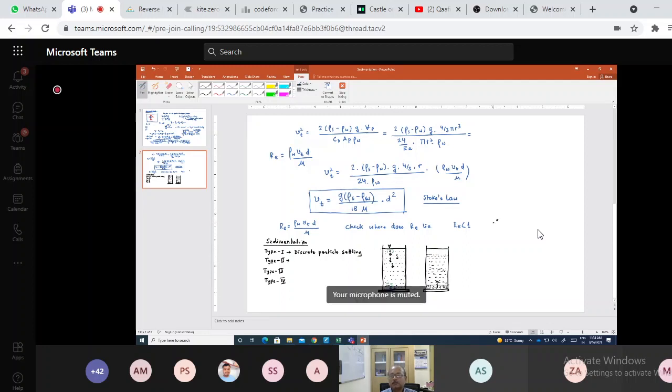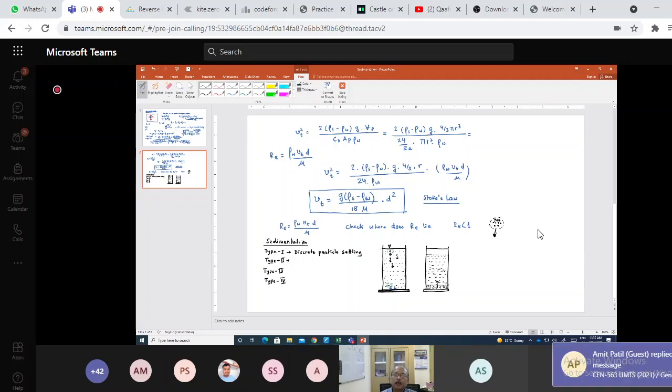The particles will come closer and agglomerate by maybe polymeric action or otherwise, and they will grow into a larger size particle. If they grow larger, you can see that the value of d increases and the terminal velocity increases. As it grows bigger and bigger, its velocity increases. It doesn't remain the same throughout its journey.